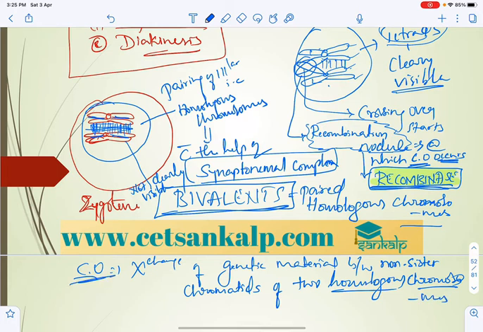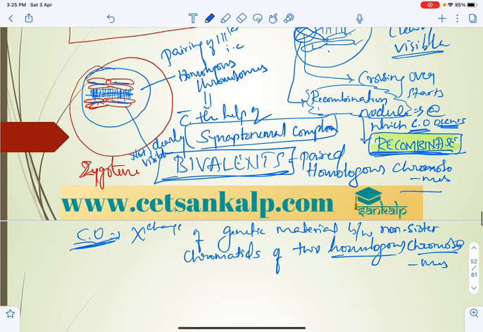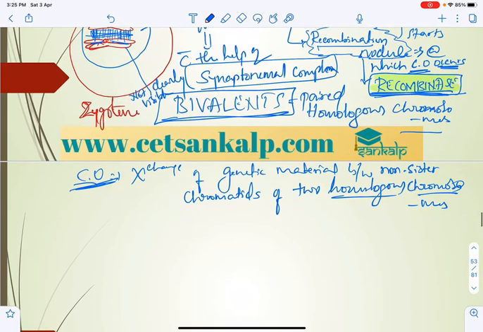So that is crossing over. Crossing over happens with the help of the enzyme called recombinase, and the point where exactly that recombination occurs is called the recombination nodule.